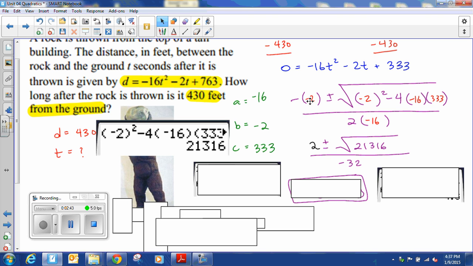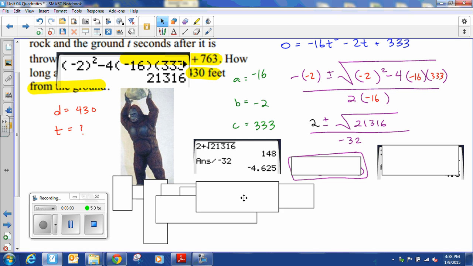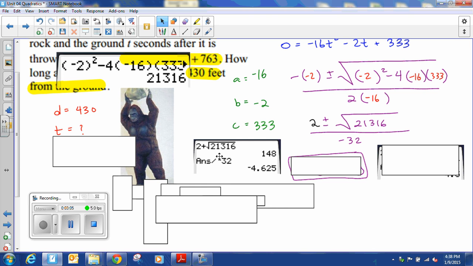As you can see, negative 2 is positive 2, and 2 times negative 16 is negative 32. And now we evaluate the numerator. 2 plus radical 21,316, press enter, and then divide that answer by negative 32, giving us negative 4.6.